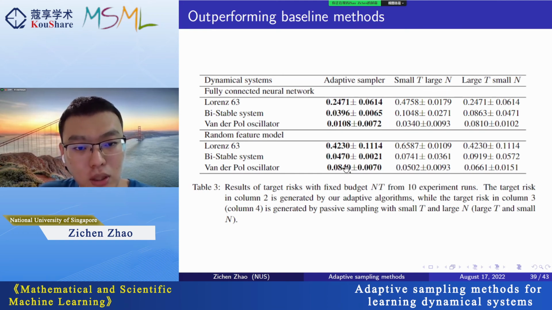So this table shows the target risk with a fixed sampling budget NT. And we can see our adaptive sampler outperforms the baseline.